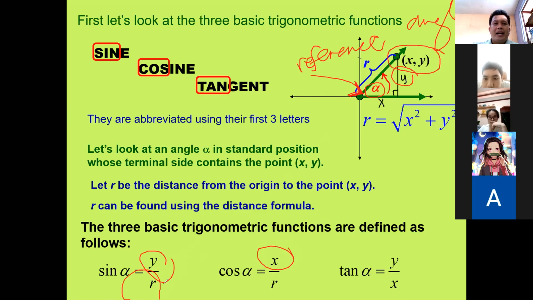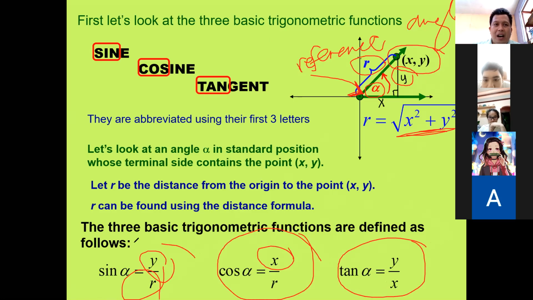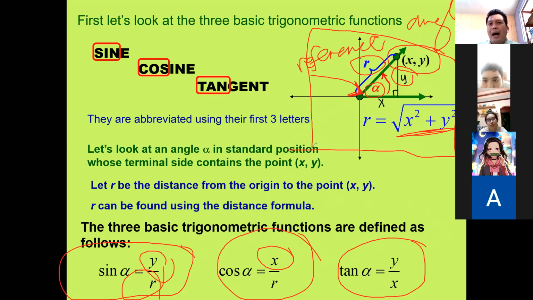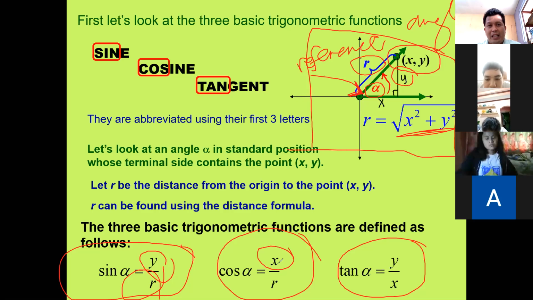The value of r can be computed from the coordinates. So all of these are already given in the figure. It is just for you to come up with a better understanding of the angle given in standard position, to be ready on how to deal with the values of the first three trigonometric functions.